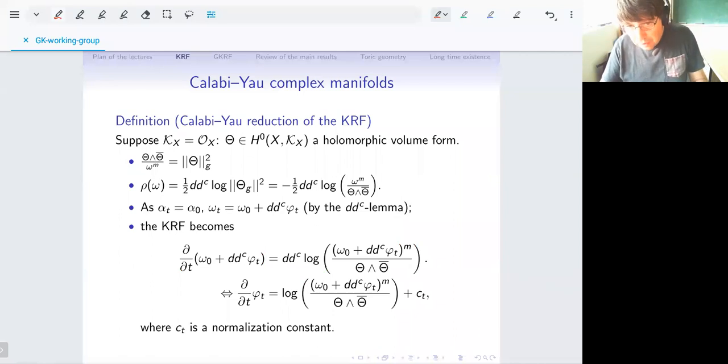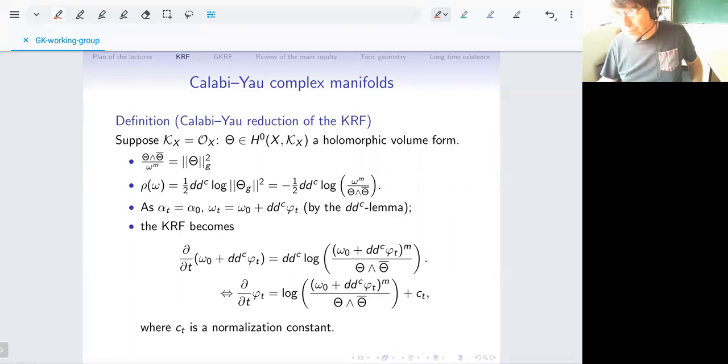If I do that, then what happens is that I can now look again at the definition of this Kähler-Ricci flow. So we have d/dt of omega 0 plus dd^c phi t is equal to, because of this minus 2 times the Ricci form, I will have dd^c log of omega 0 plus dd^c phi t to the m over theta wedge theta conjugate.